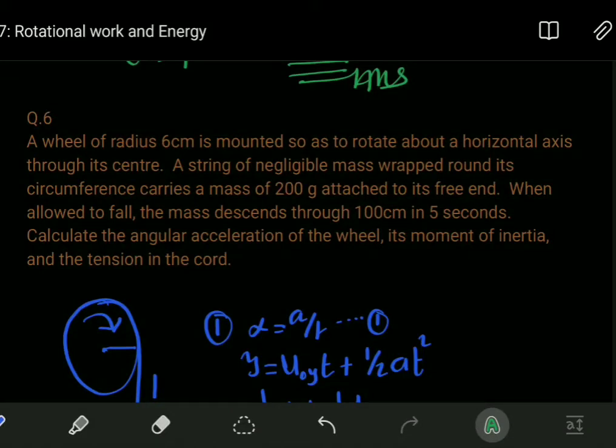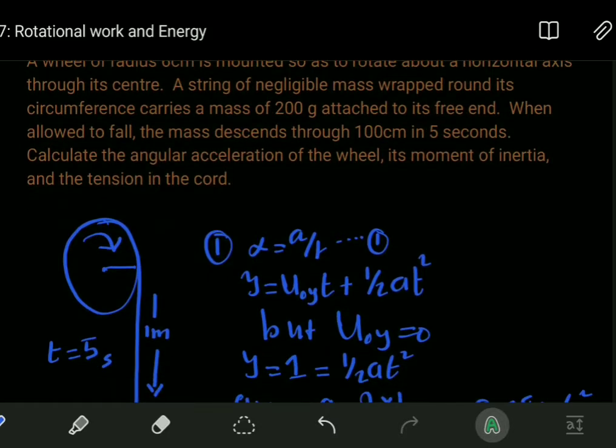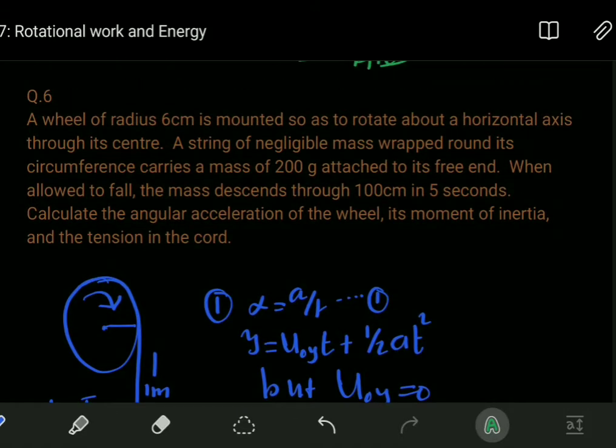Okay, so question 6, we have this system. We are going to let the mass drop. When we let this mass drop, the wheel is going to turn or rotate.